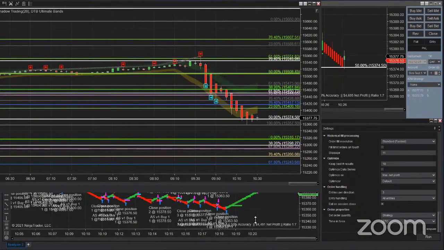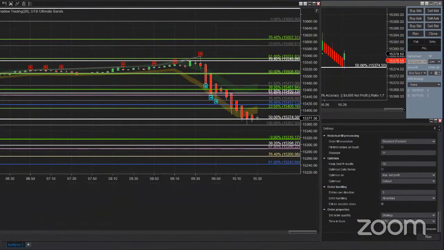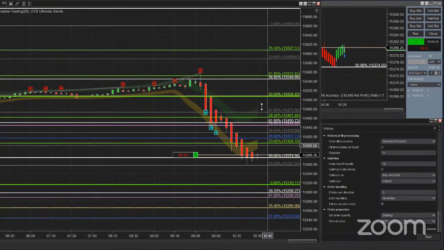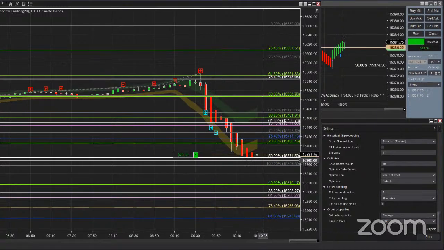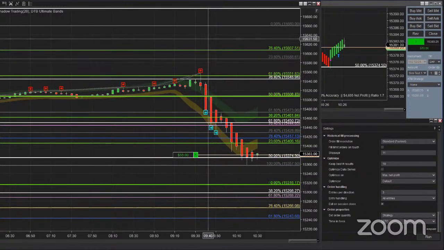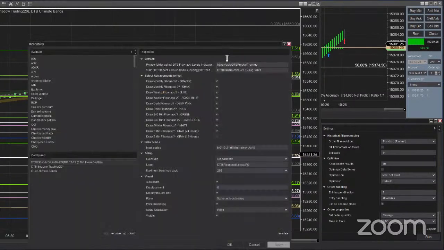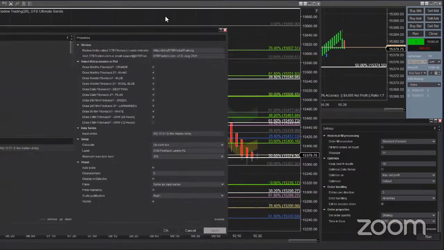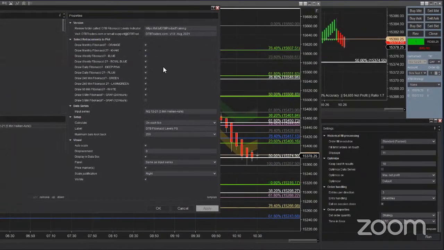For this session, we can't ever have them on because they are going to be beneficial. But we're also at a stage now where there's a lot of levels at this price. But you can go into your indicator settings and choose which levels you want to show.